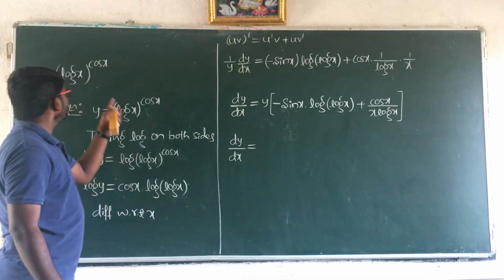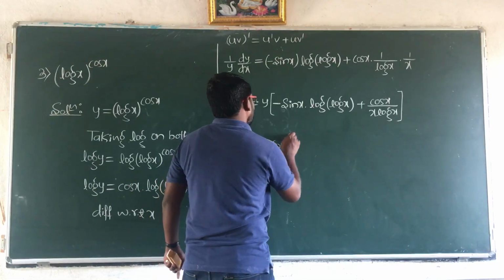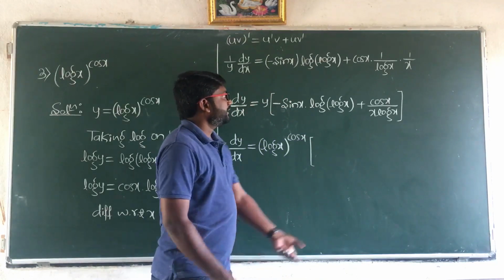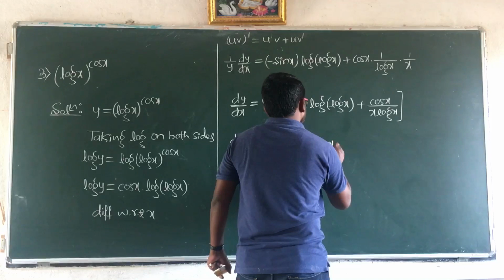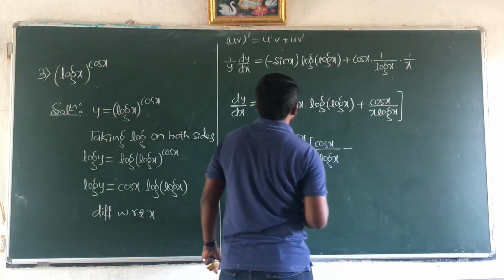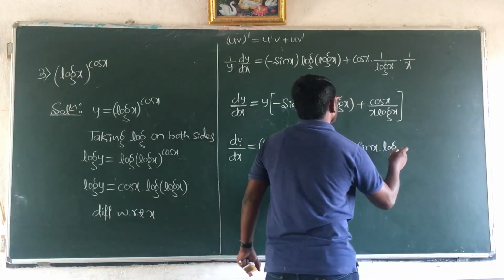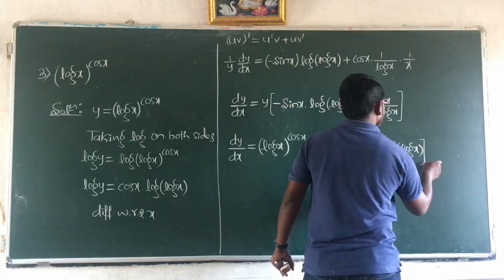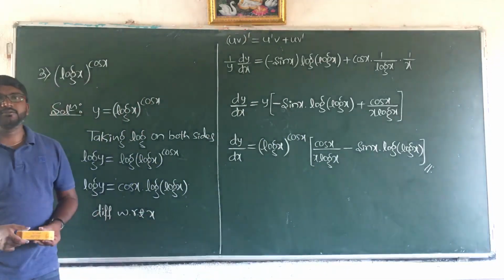What is y here? It is the given problem, log x to the power cos x inside the bracket. So I will write the positive term and then the negative term, cos x divided by x log x minus sin x into log of log x. So this is the final answer for the third problem. So pause the video to note it down.